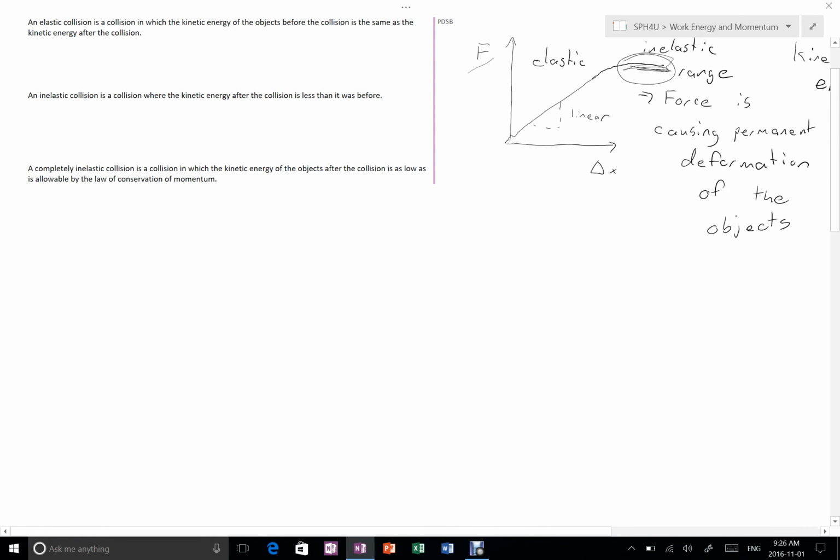A completely inelastic collision occurs when two objects that are colliding with each other stick together to form one large object after the collision. So in a completely inelastic collision, the two objects stick together.